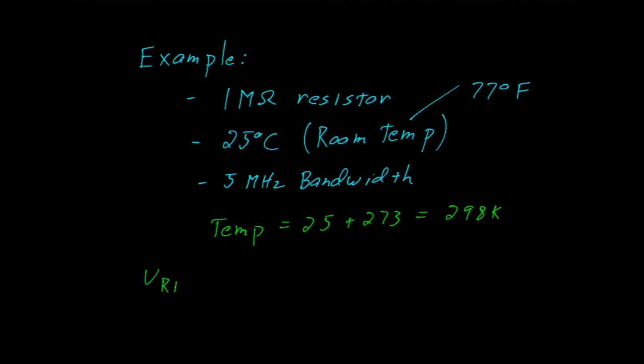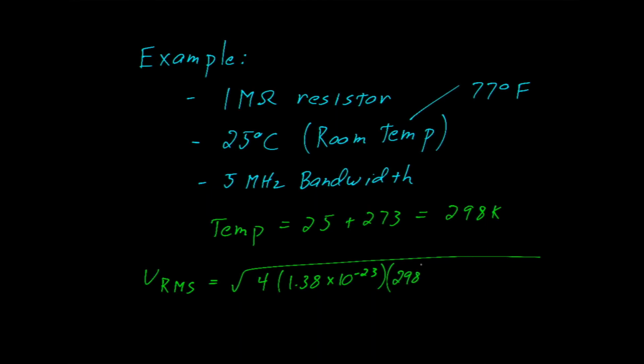The voltage is 4 times Boltzmann's constant times our temperature. Be careful here. This is Kelvin, not to be confused with kilo. Bandwidth is 5 megahertz.